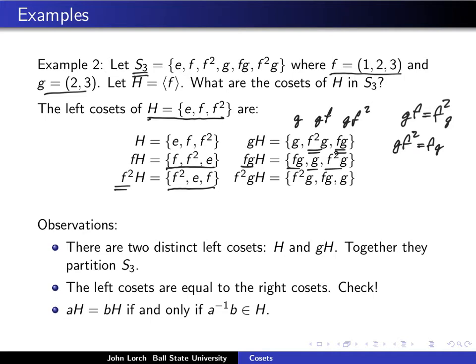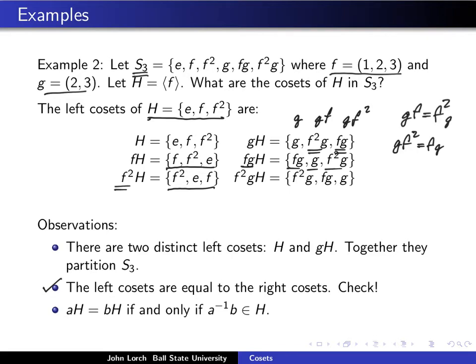And what you might do now is pause the video and see if you can compute the right cosets of H in G. And what you might find after you do this computation is that you get the exact same sets. That is, the left cosets are equal to the right cosets.